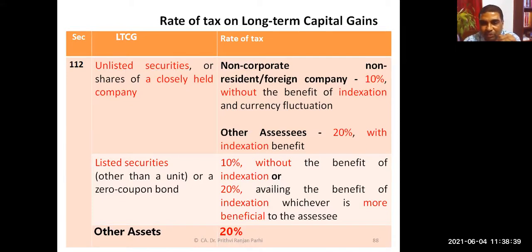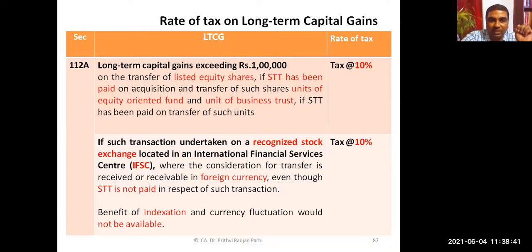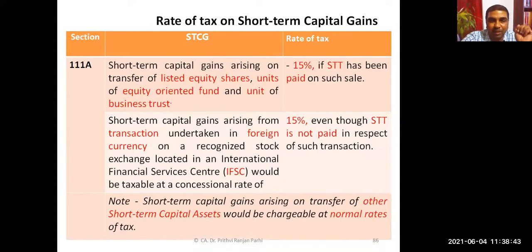Now you see, suppose one asset is held for long term or short term. Think of a normal asset, let us say land and building, where if you hold for more than 24 months, it becomes long term. Suppose you are holding it for 23 months. It is short term, so you have to pay tax at the normal rate, which may be up to 30%.